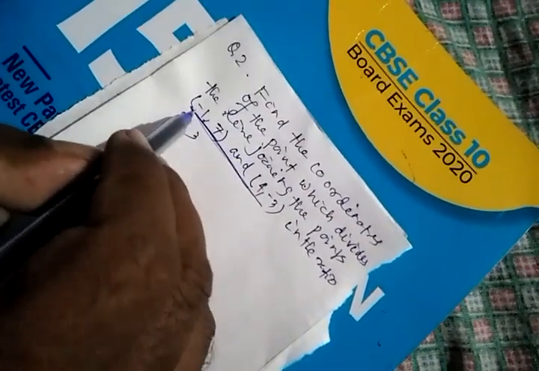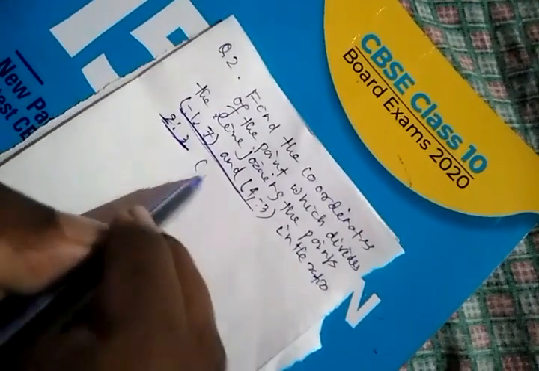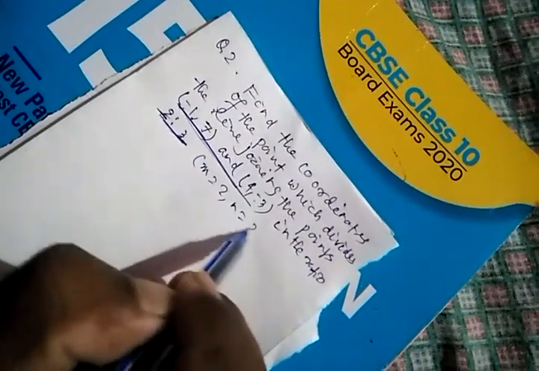Here also one line is given which connects the points -1 7 and 4 and -3. Ratio means m is to n. This is m, this is n, means m equals to 2, n equals to 3.